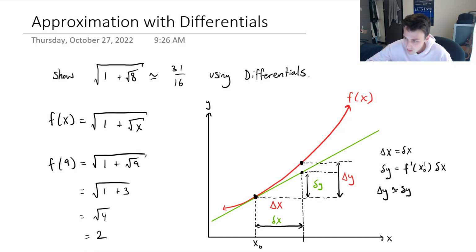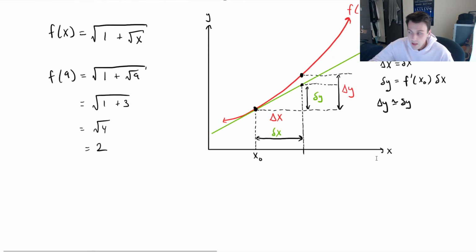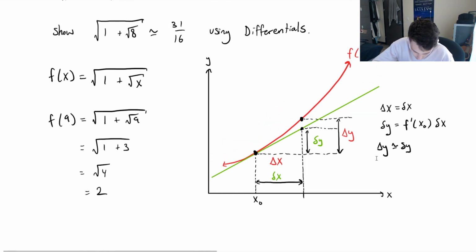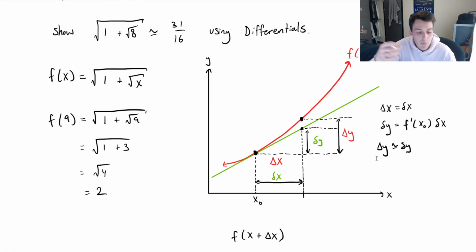So throwing this all together now, if we did have a function f of x and we're evaluating it at some point, x plus a little bit extra, so x plus a small change in x, this would be equal to, well, you can think of it in a couple of ways, right?